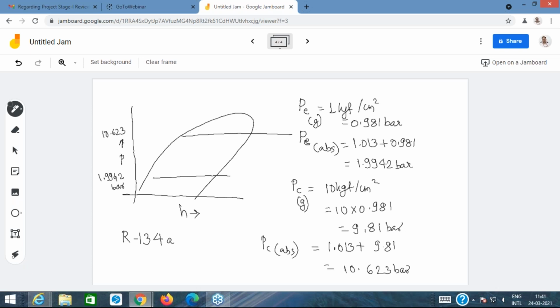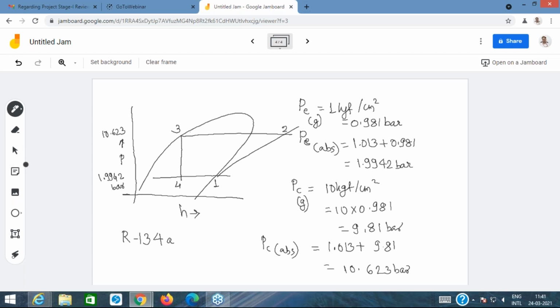In the first approximation, we assume it to be a saturation cycle. So point 1 would be on the saturation curve, and I draw an isentropic from 1 to 2. Then I don't consider subcooling, so point 3 is on the saturation curve, and this would be a vertical line to 4.